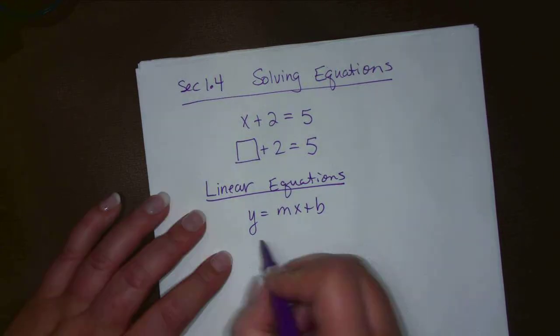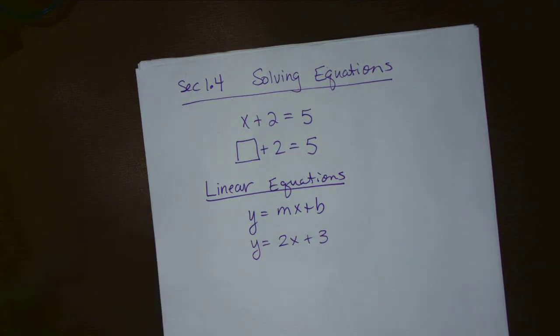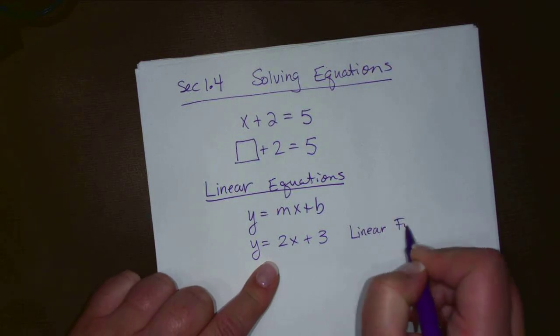But if I wrote y equals 2x plus 3, for example, this is not what we're talking about. We can't solve for x here. Why not? Because there's a y. We could make a table of values, you might remember doing that, and then plot the points. This is called a linear function.